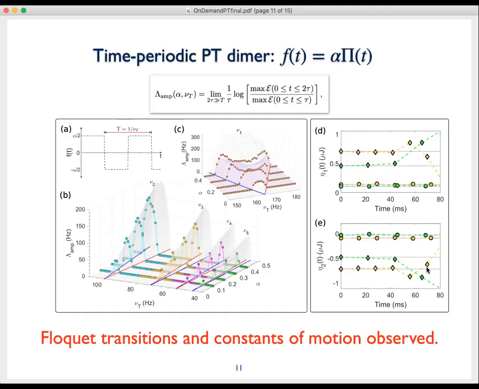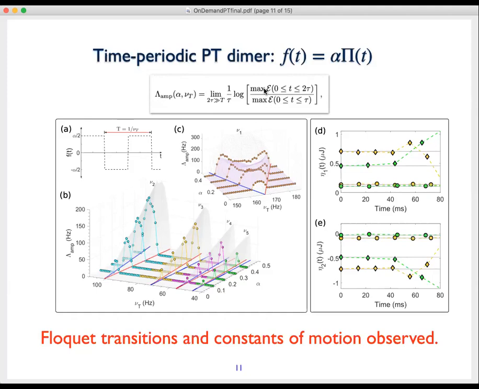here, what we do is we calculate something called amplification factor. And what is that amplification factor? Essentially, I'm going to take the energy over some time range, look at its maximum. Then I'm going to look at the energy maximum over twice that much time range. Okay? That's the ratio of the two. If I have oscillatory behavior, this ratio will become 1, because the maximum would be the same over this time range and that time range, as long as the period is smaller than the time range, basically.